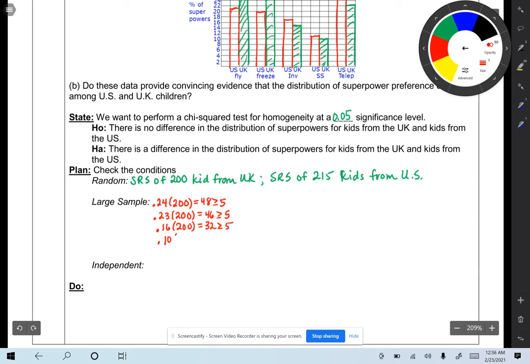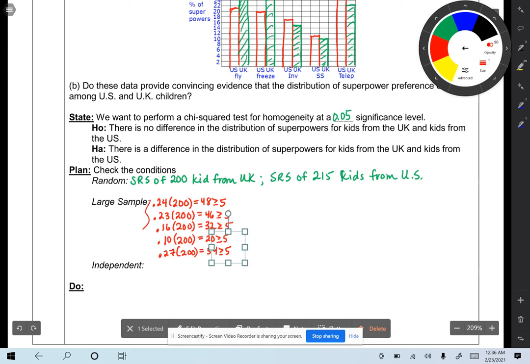Super strength, 0.10 times 200. That's equal to 20, greater than or equal to 5. And lastly, 0.27 times 200, which is 54, which is greater than or equal to 5. So that's for the UK group.